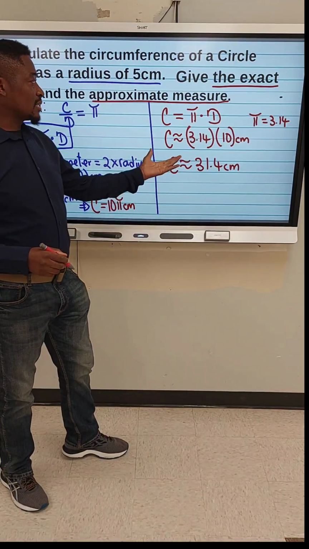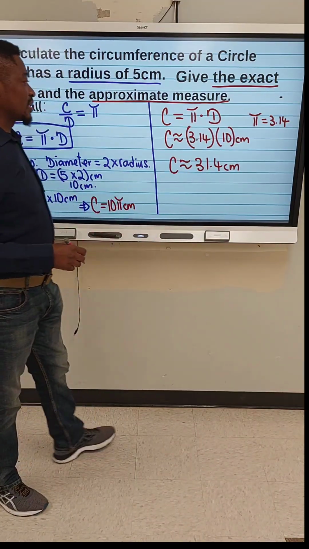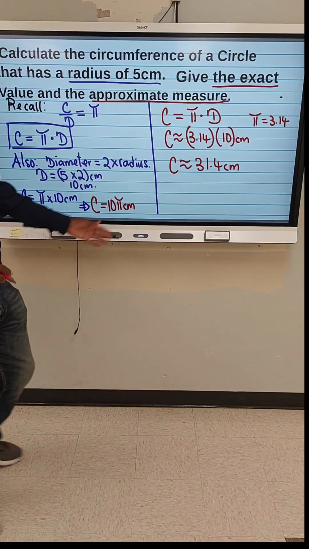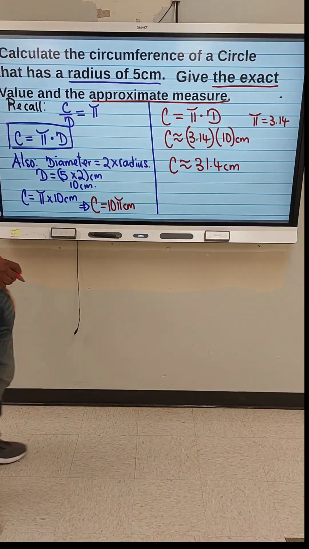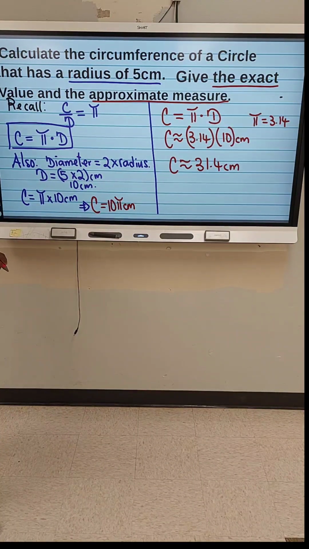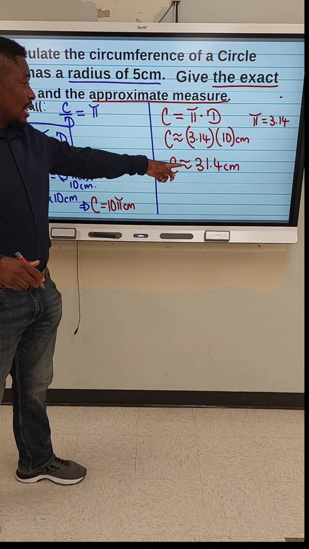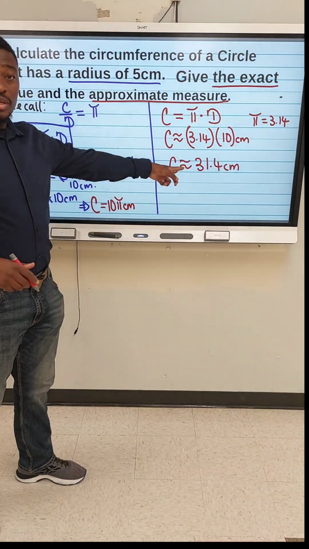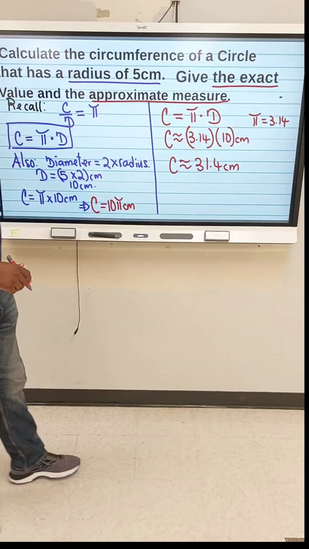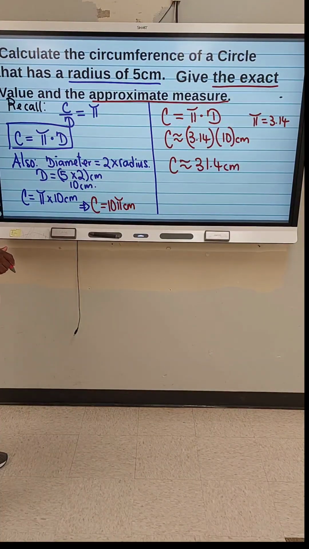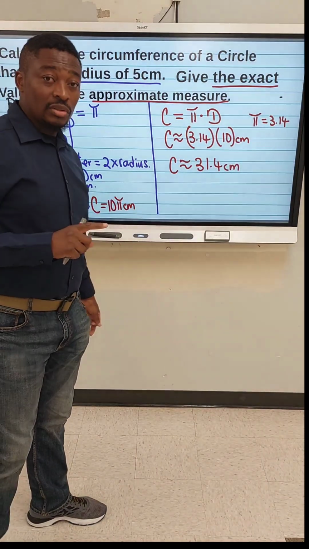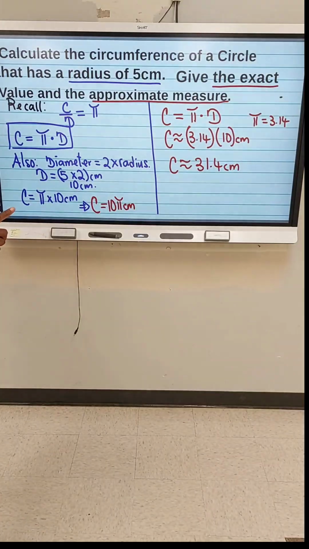So this is the approximate measure of the circumference of the circle because pi has been replaced with 3.14, and this is the exact measure. Note that this symbol here means approximately equal to. And that is how we calculate the circumference of a circle when we have the radius.